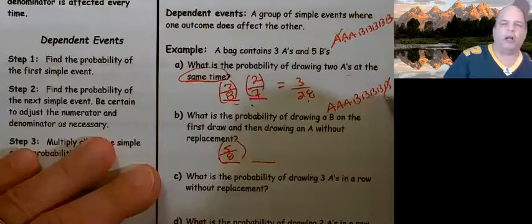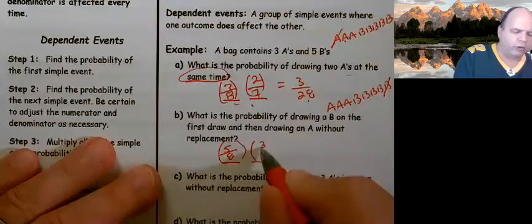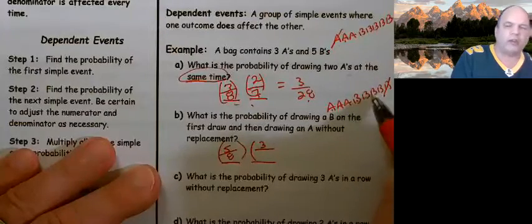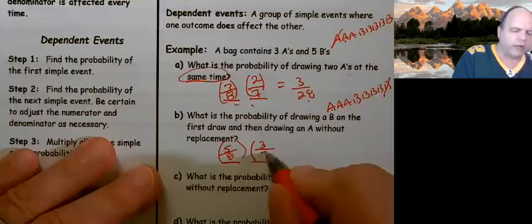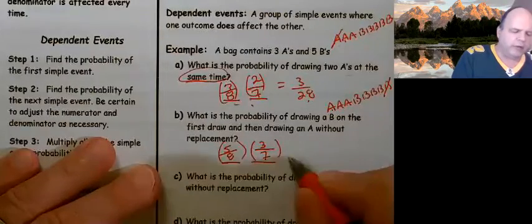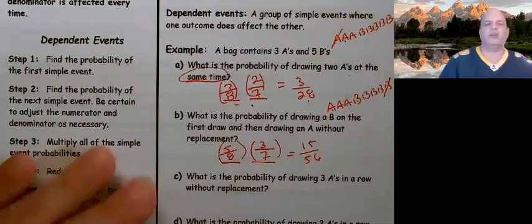But now that's gone. And we're about to draw an A. Well, there's still 3 A's there, but look, there's 1, 2, 3, 4, 5, 6, 7 letters, so this is 3 out of 7. And this ends up giving me 15 out of 56.